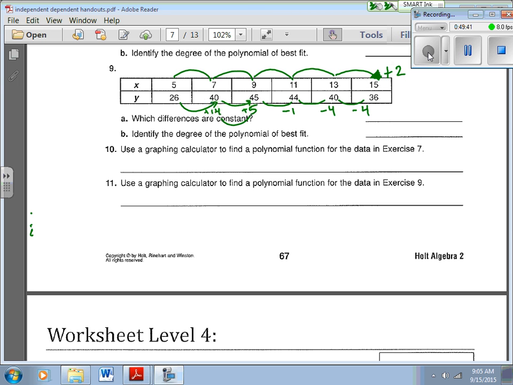14 to 5, that would be what? 9? Yeah. 5 to negative 1 would be a negative 6. Negative 1 to negative 4 would be a positive 3, yes? Oh, wait. No. You're right. Negative 3, yes?